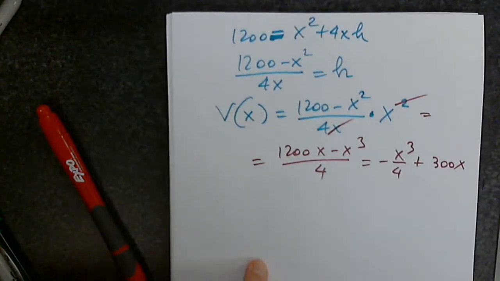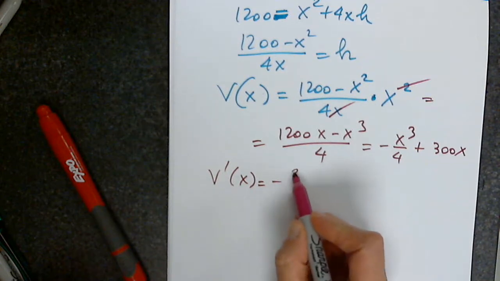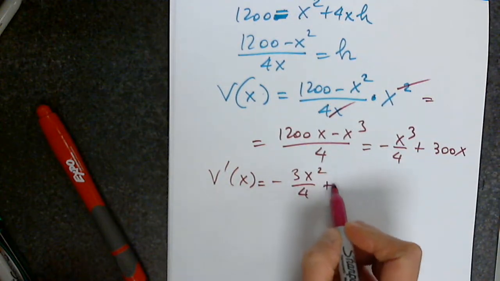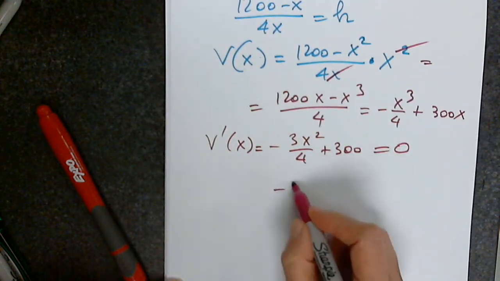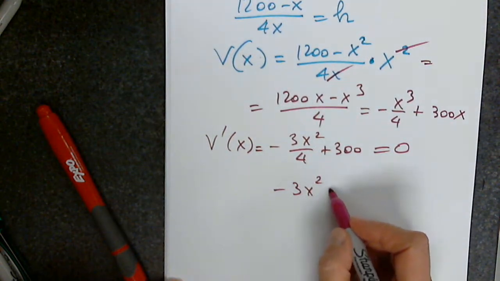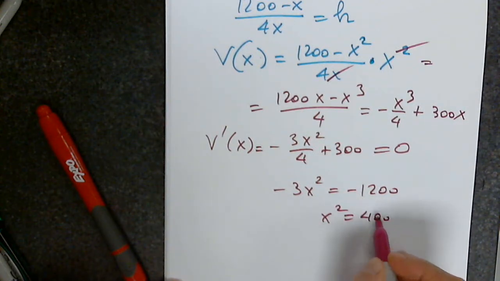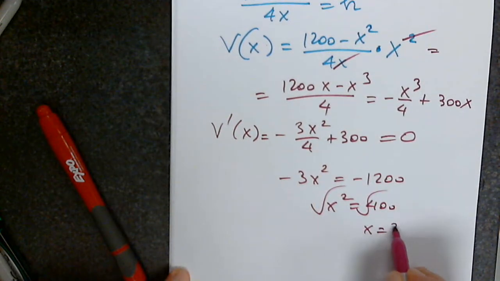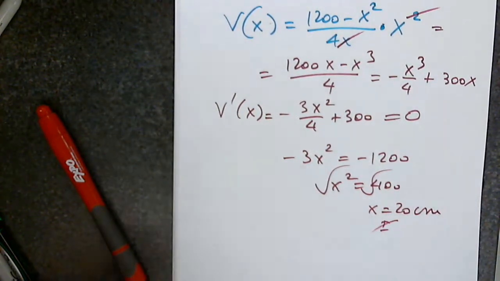And of course, I have to find V prime, which will be negative 3x squared over 4 plus 300. And of course, I have to set it equal to 0. Negative 3x squared equals negative 1200. X squared equals 400. I take the square root, it is 20 centimeters. I should write plus or minus, but I can't have plus or minus.